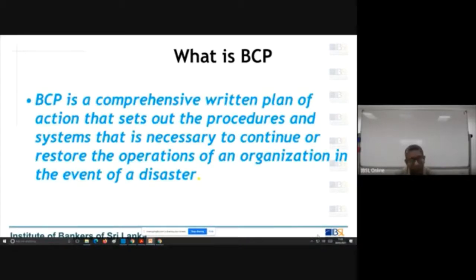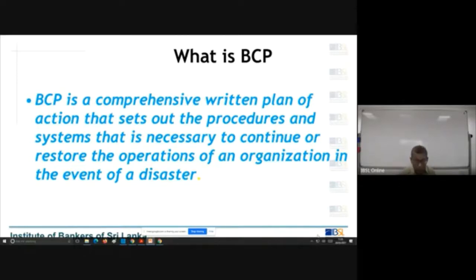Now, BCP is a comprehensive written plan of action, right? A plan of action that sets out the procedures and rules and systems that are necessary to continue or restore the operations of an organization in the event of a disaster.